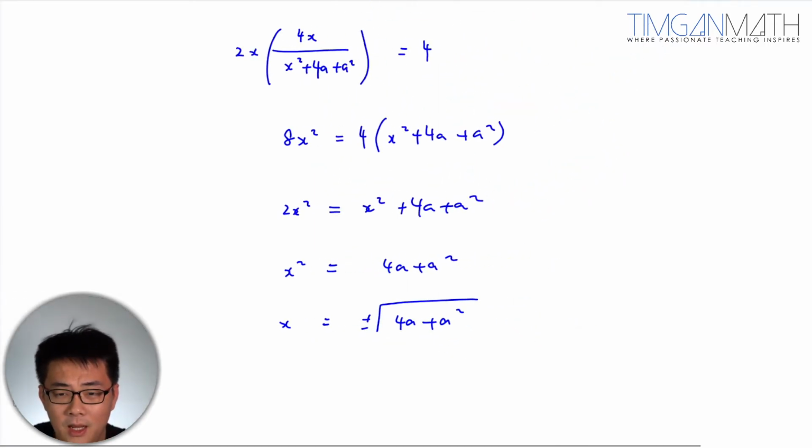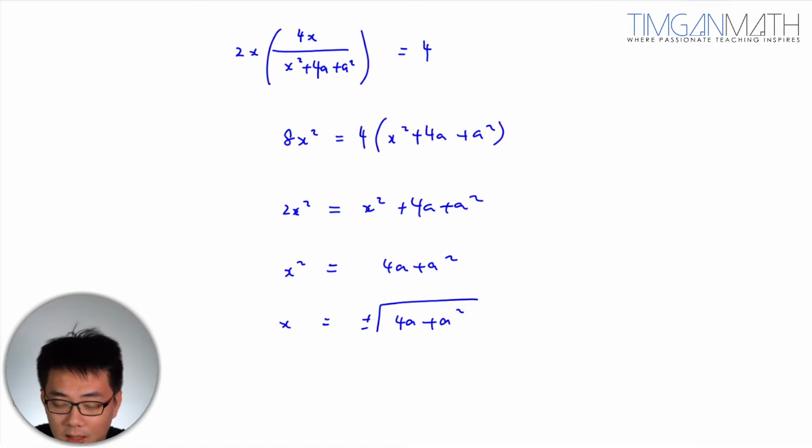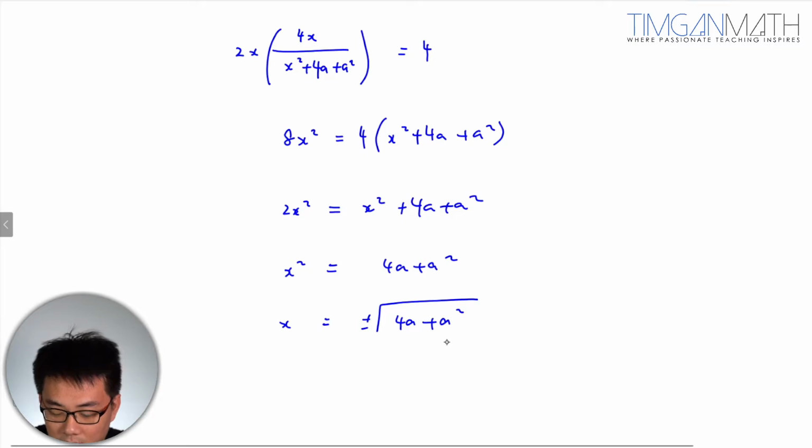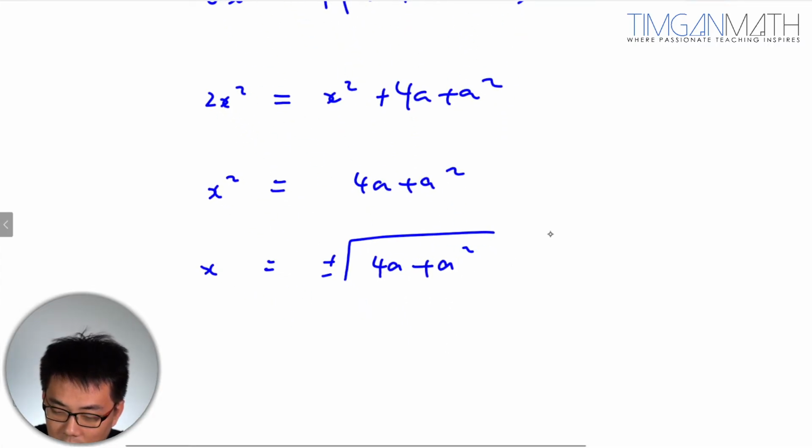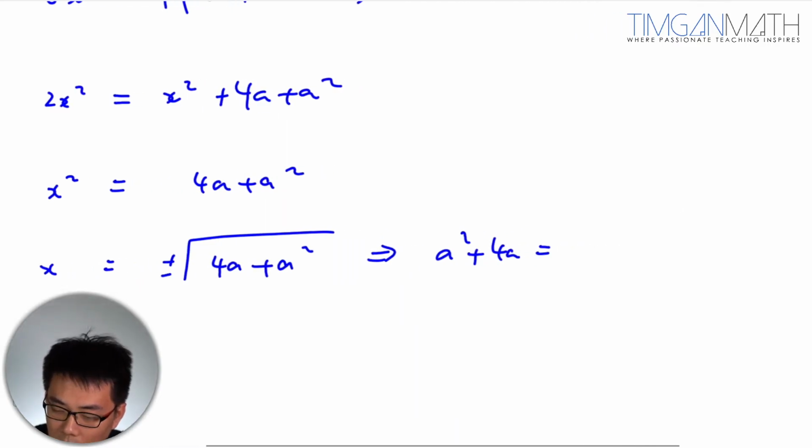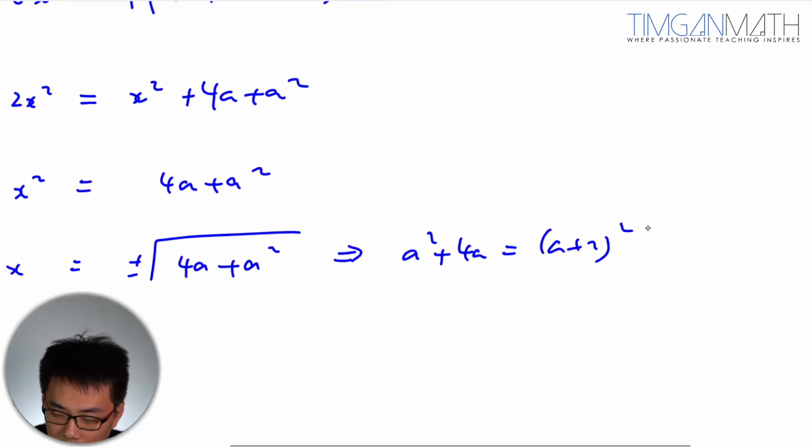Okay, but we need to reject one, obviously. But is a squared plus 4a always positive? Not necessarily. We can complete the square: a plus 2 squared minus 4.